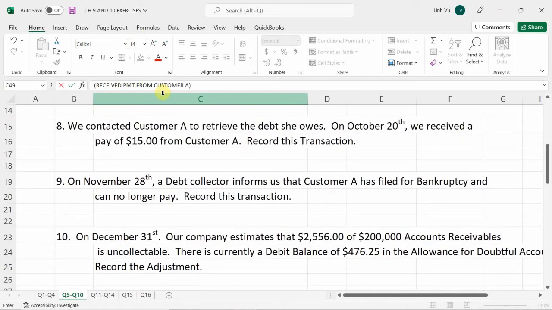Then, November 28th, a debt collector informs that customer A has filed for bankruptcy and can no longer pay. So, how do we record this transaction?